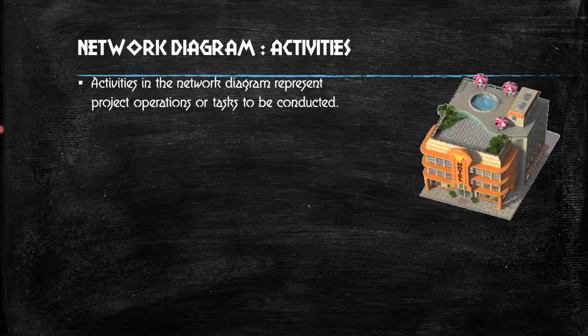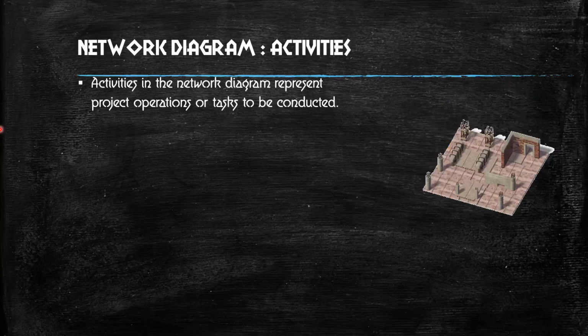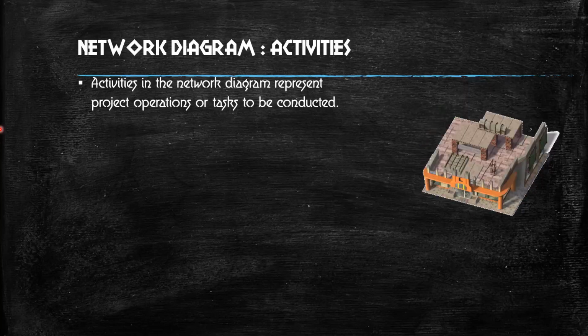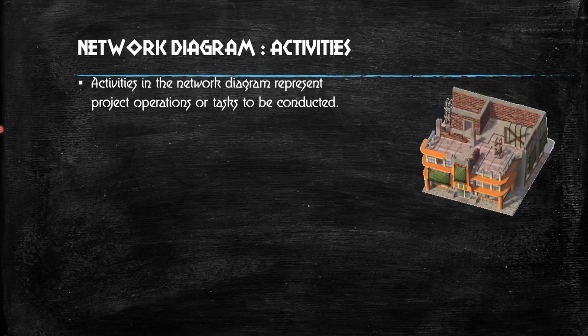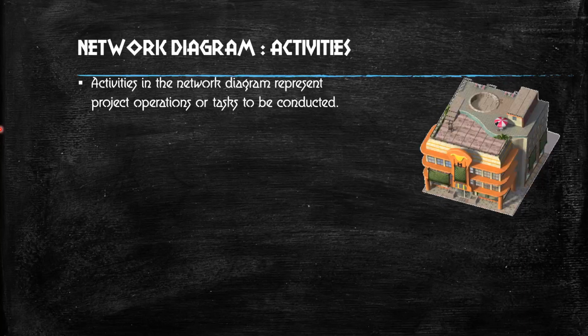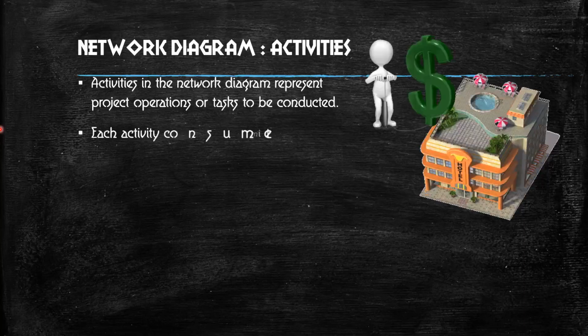So you have various activities or tasks in a project, and each job or task is represented as an activity in the network diagram.